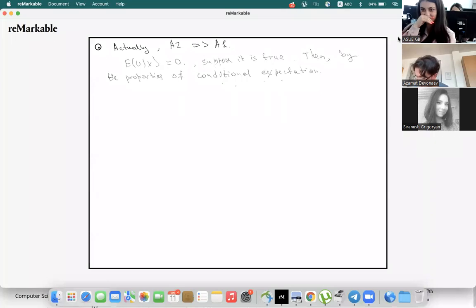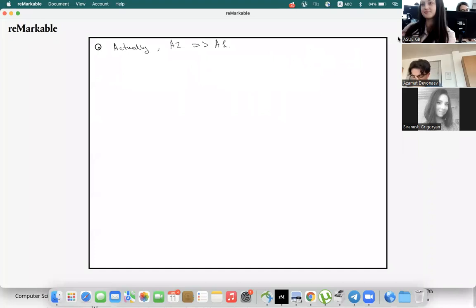This implication is not from here; it's about the conditional expectation. Now I see. No, A2 does not imply A1. I have to think about it. It makes sense, but wait, that's strange. Okay, it doesn't matter. We have these two assumptions. That's it. It's all right.